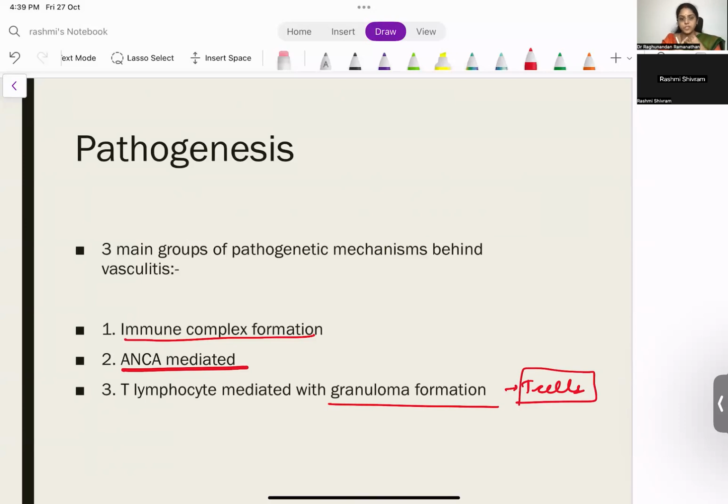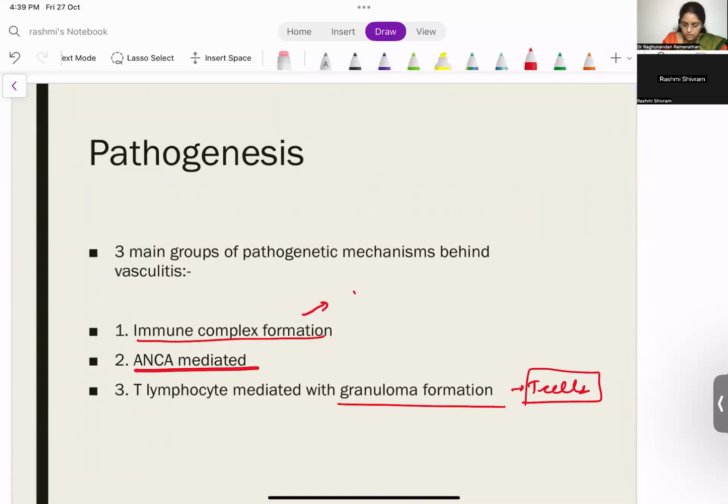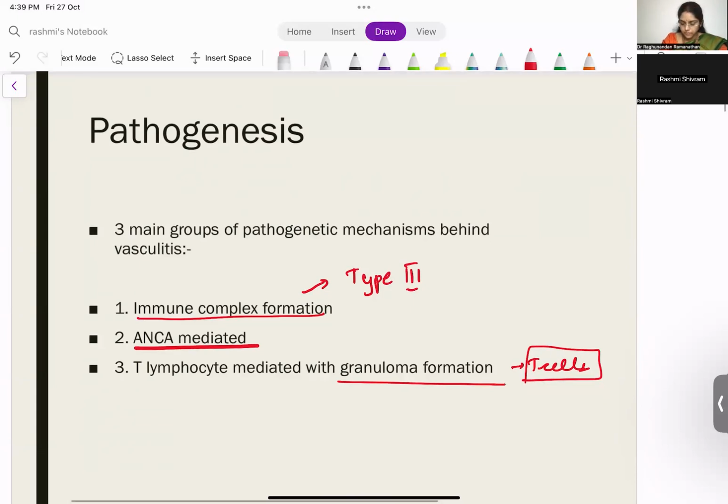One is granuloma formation, next is ANCA mediated, next is immune complex mediated. Immune complex mediation means what kind of hypersensitivity reaction? It is type 3 hypersensitivity reaction, that's how it works.